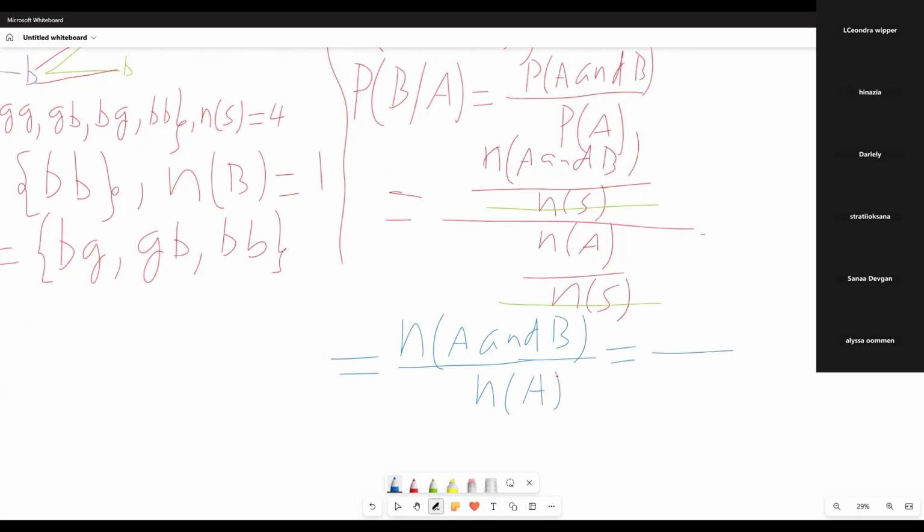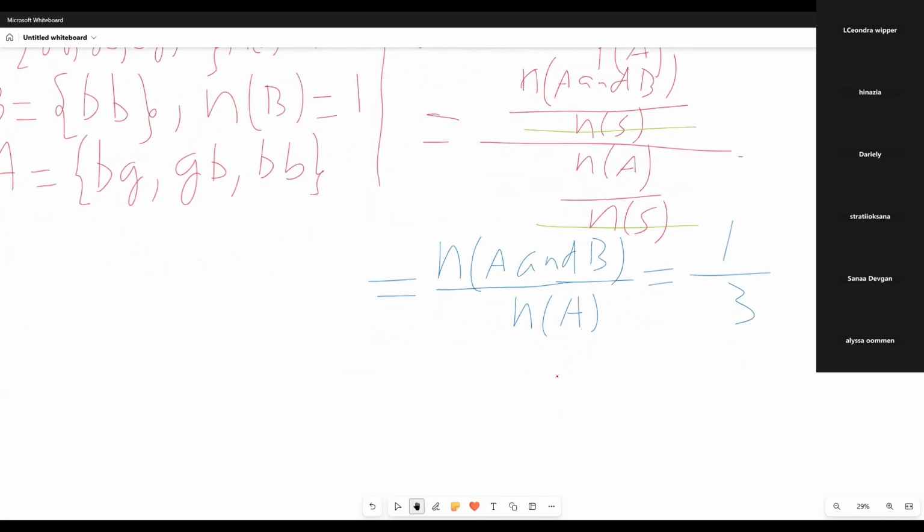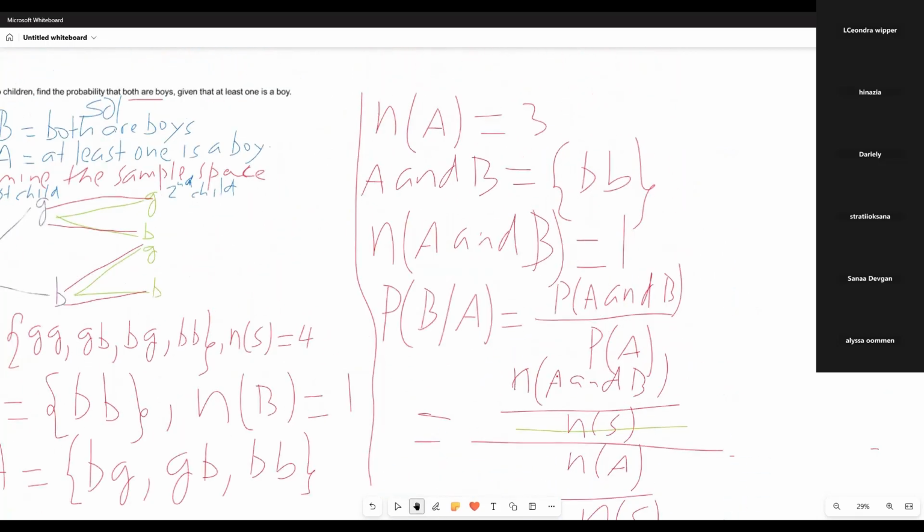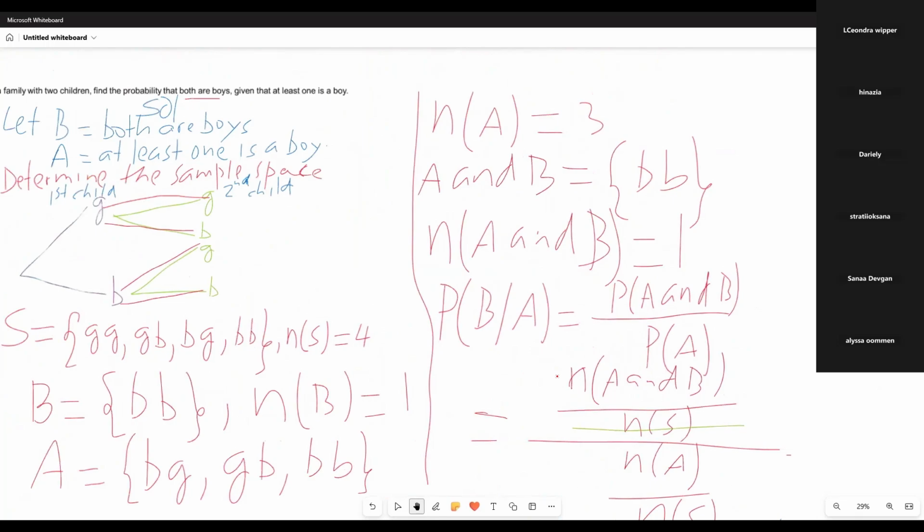N of A and B, we found before, was 1. N of A is 3. That's 3. Wait, why is N of A and B 1? It's here. You see it?